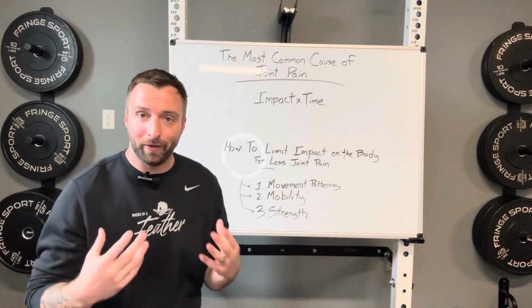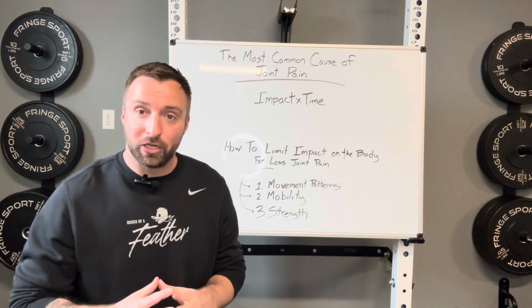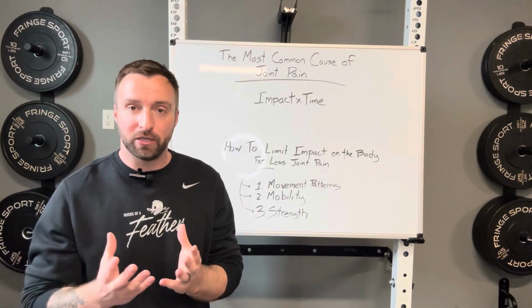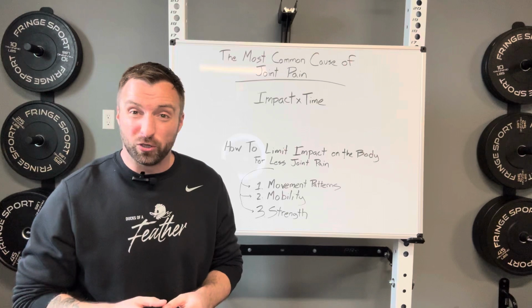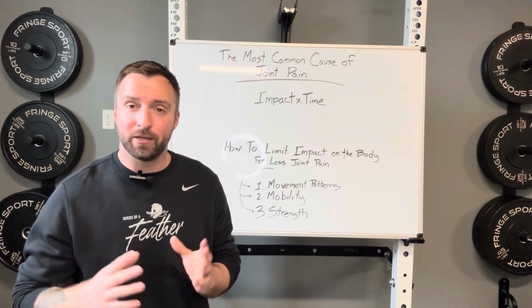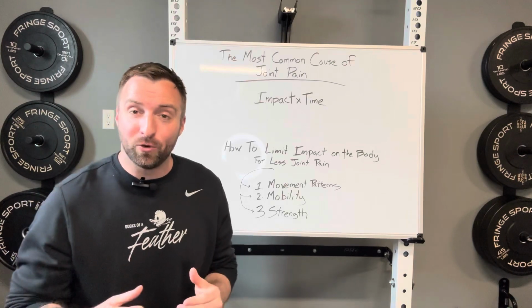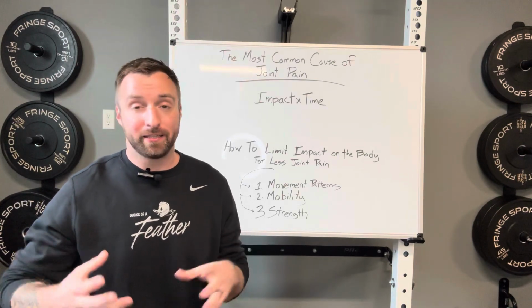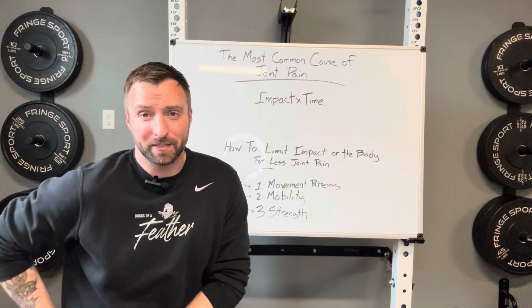2 is mobility. So all of your joints should have an adequate range of motion. And what can happen if we're too stiff or we don't have that range of motion in a joint is that your body is very smart and it will start to compensate. The easiest example is in the hips, because a lot of people have stiff hips.